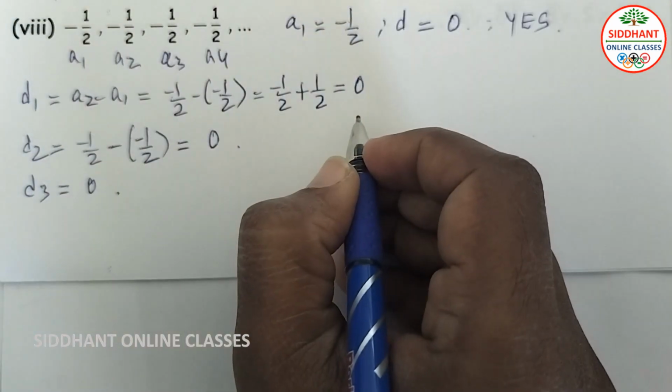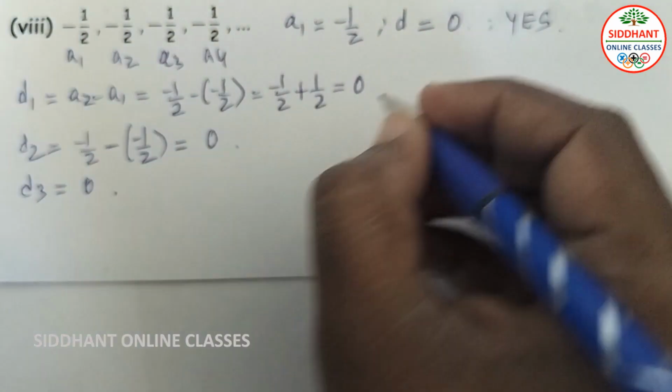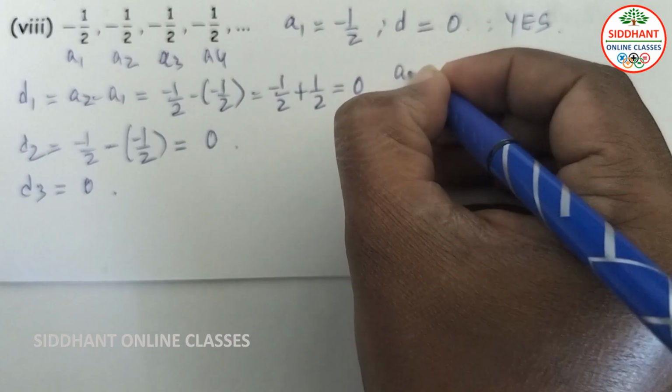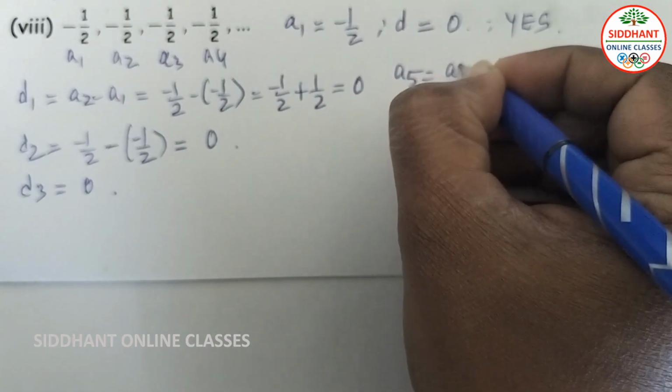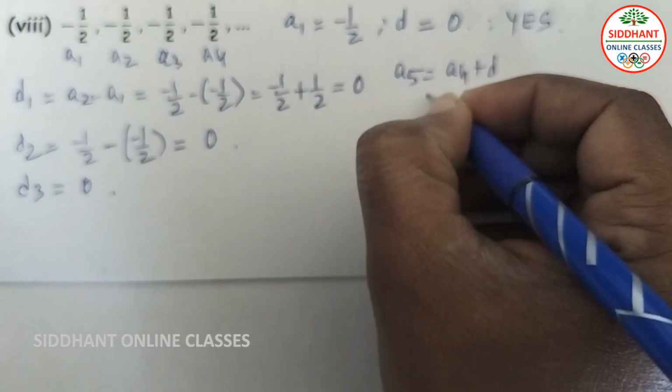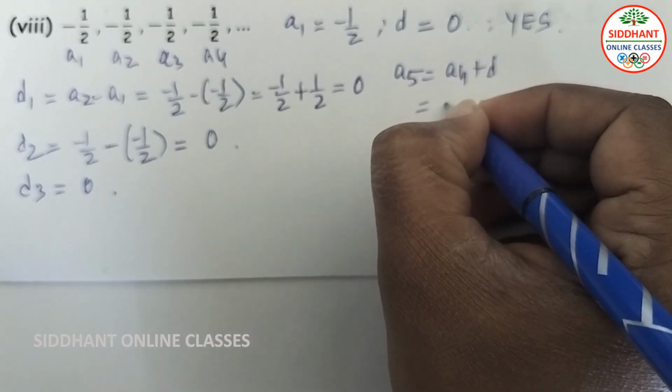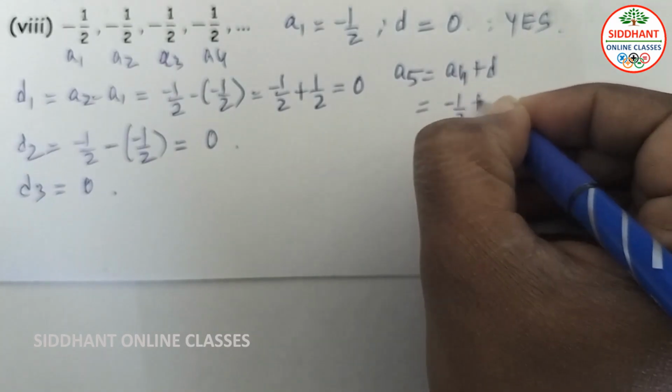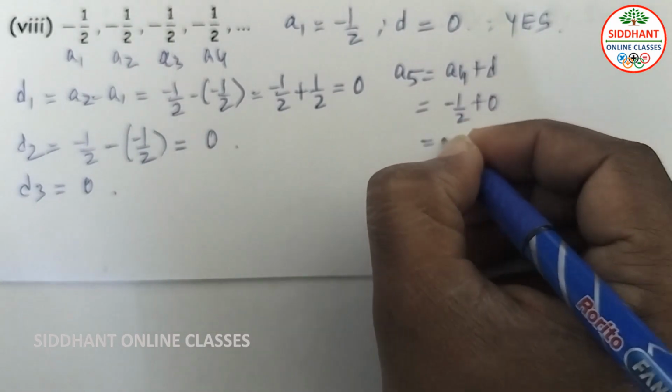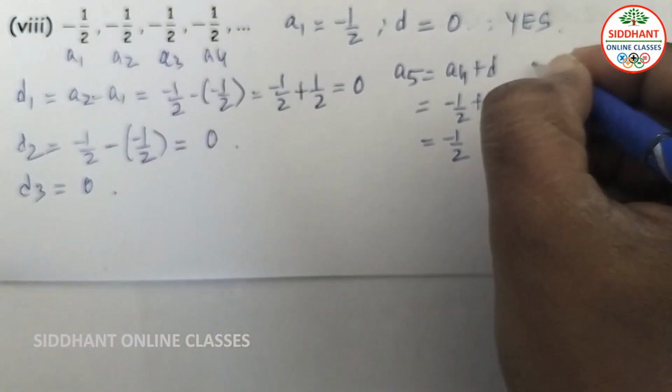Now we are going to find out a5 here, which is a5 is equal to a4 plus d, that equals minus 1 by 2 plus 0, that equals minus 1 by 2.